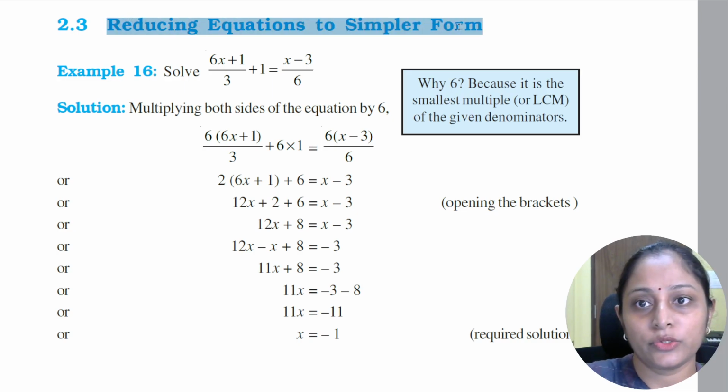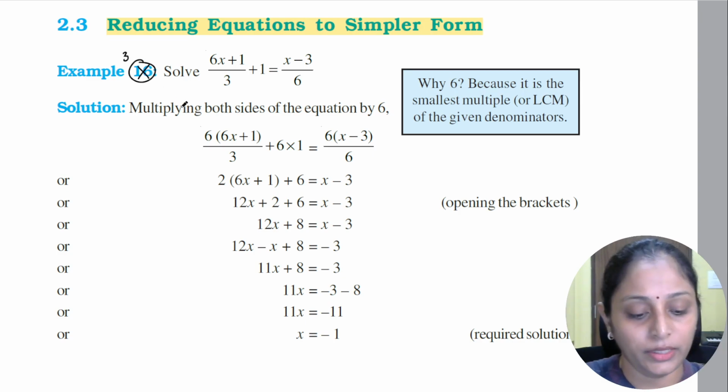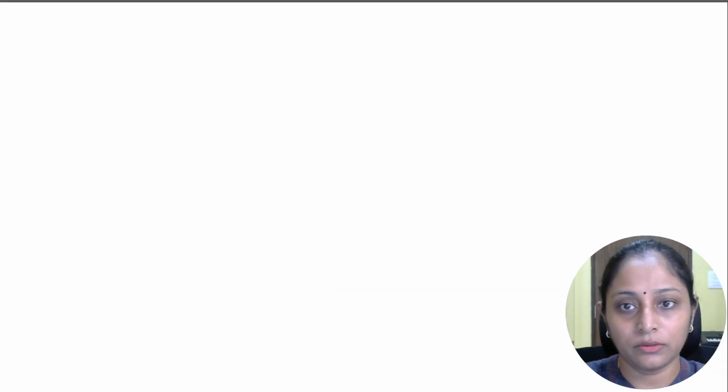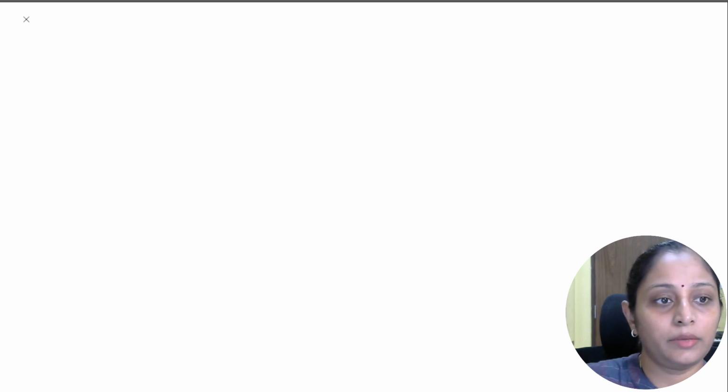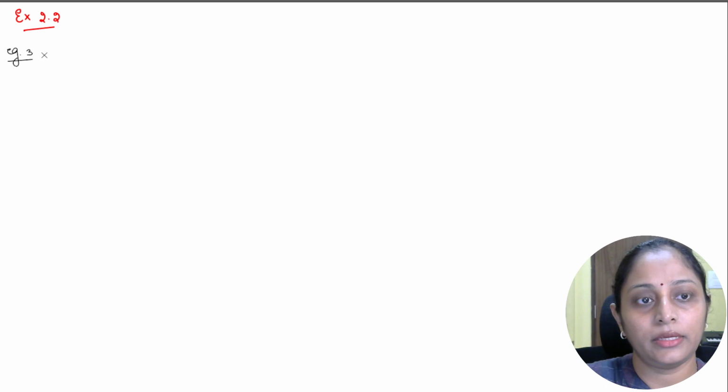Okay. So here we have reducing equations to simpler form, right? Now let's do the solved examples. Here this example is the third one, it's not the 16th one. Okay, so now let me write down the heading exercise 2.2. Okay, and I'm looking at the third solved example 3.